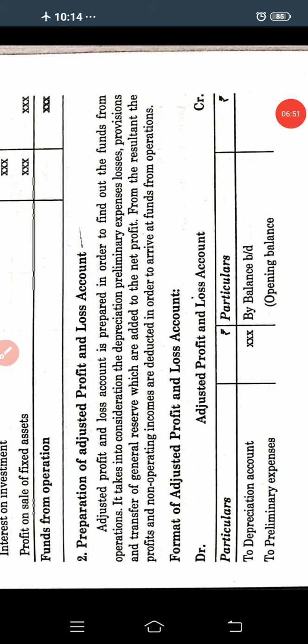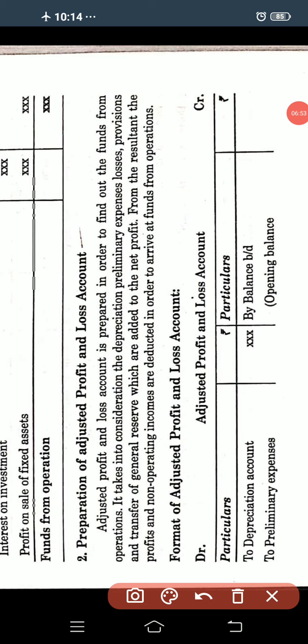Then on this side we have to record the opening balance of the profit and loss account. If 2 years' information is given, then the last year's balance will be the opening balance for this year. So we have to record the opening balance.